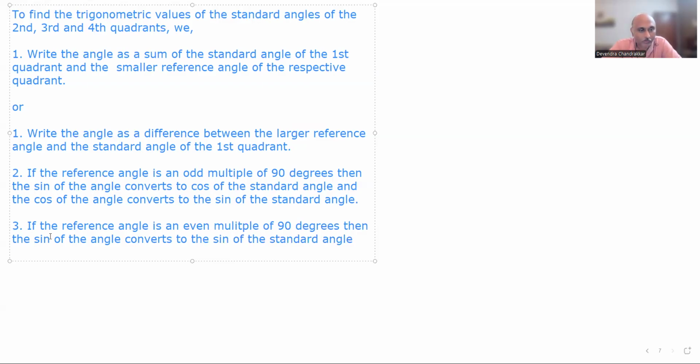Or you can also write cos of the angle converts to cos of the standard angle.